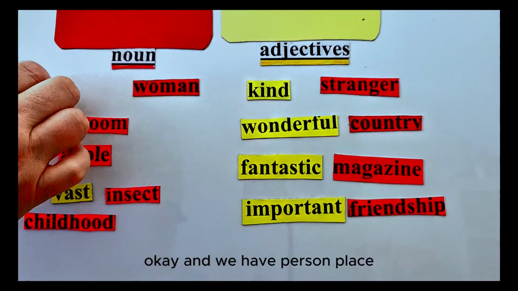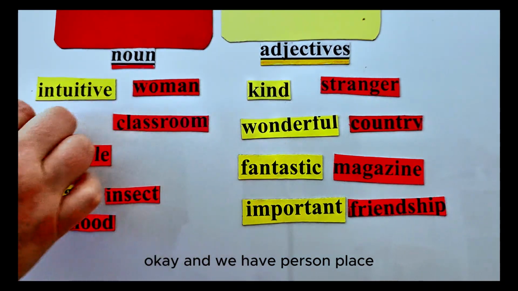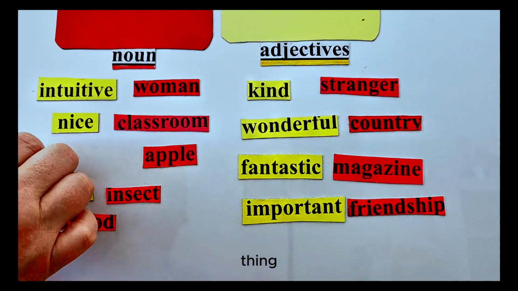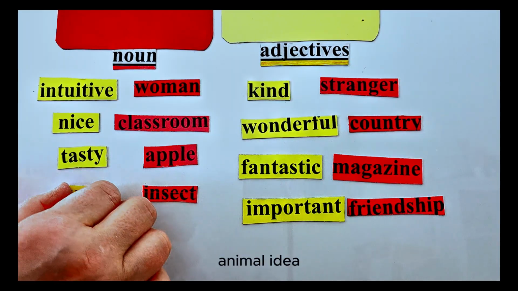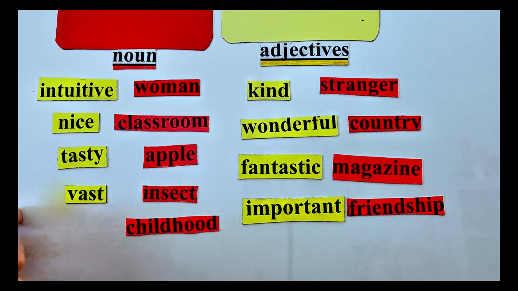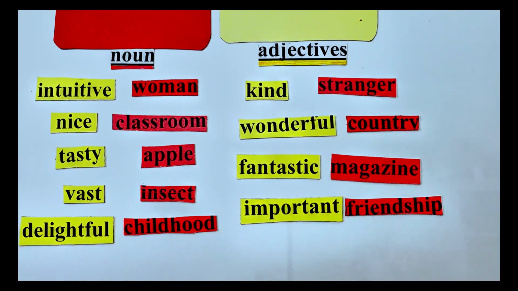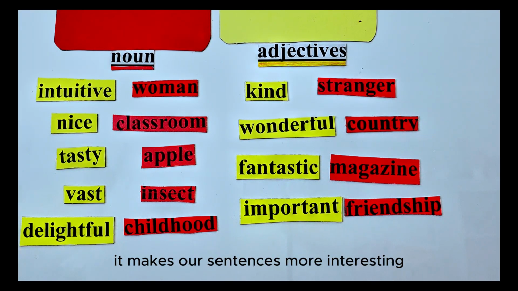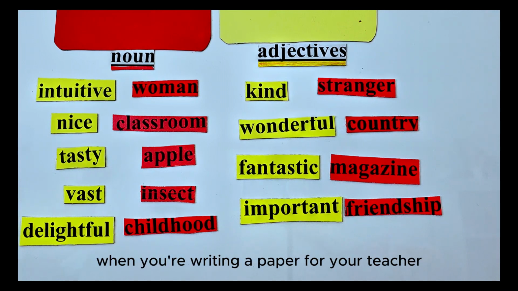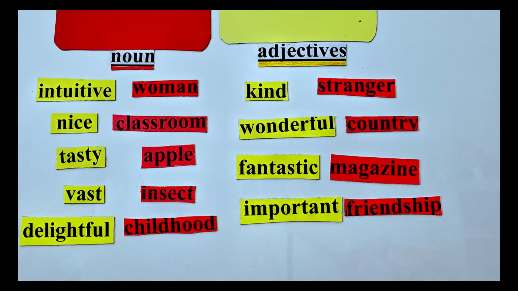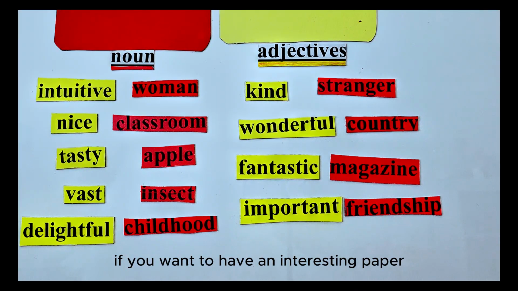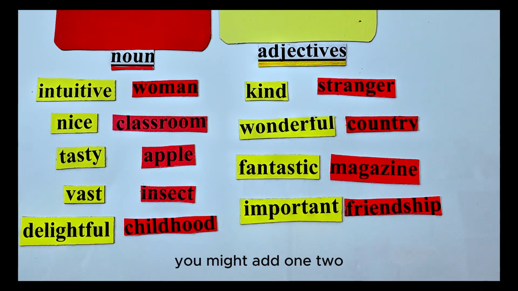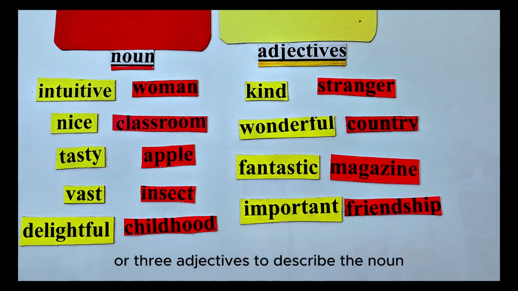Okay, and we have person, place, thing, animal, idea. Okay, so think of yellow as adding the beautiful sun. It makes our sentences more interesting. When you're writing a paper for your teacher, if you want to have an interesting paper, you might add 1, 2, or 3 adjectives to describe the noun.